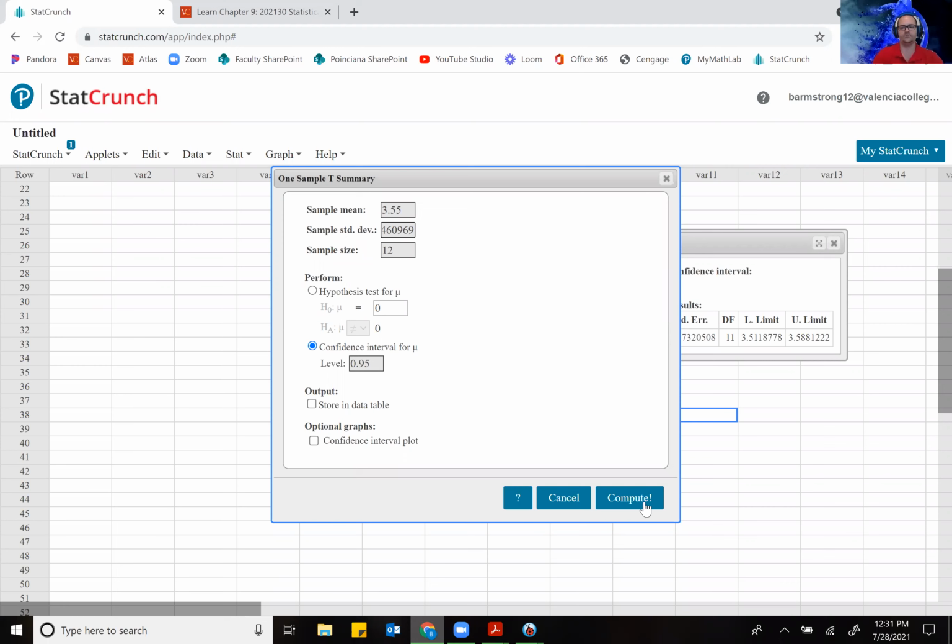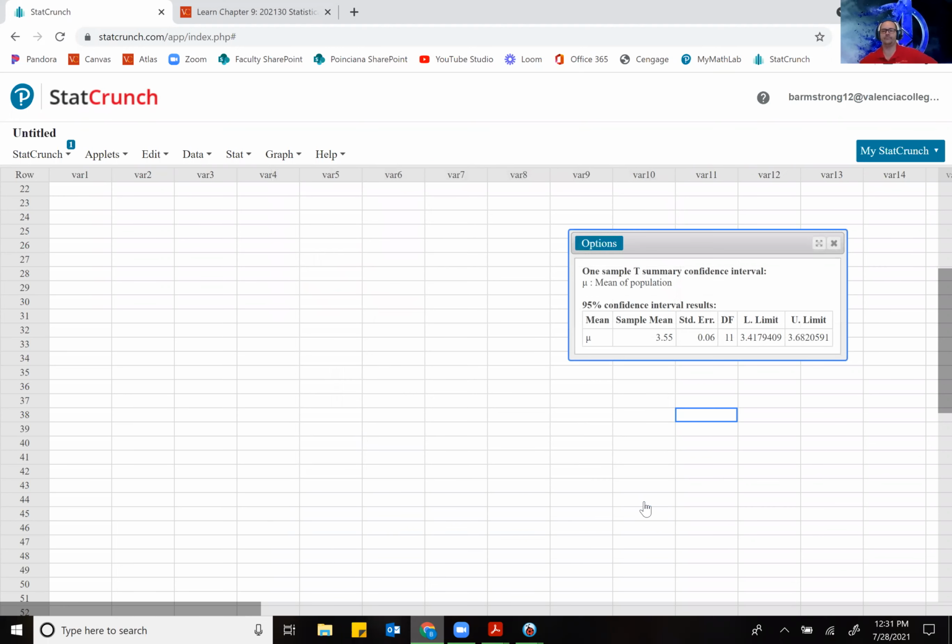Now compute. There we go, there's the same answer. I think this is actually easier than doing it by hand. Either way, it's all the same. Just make sure that you know what is what.